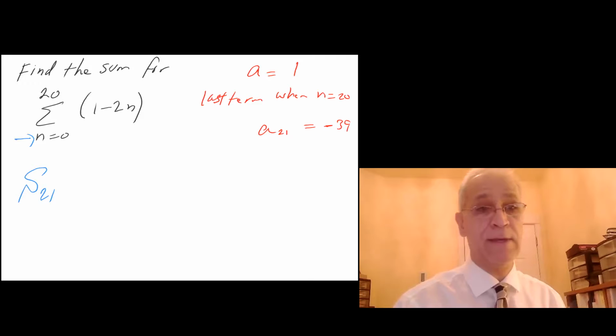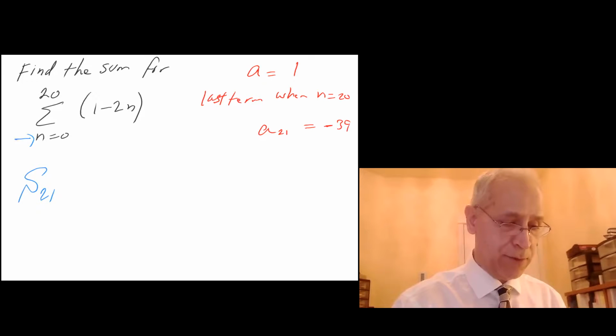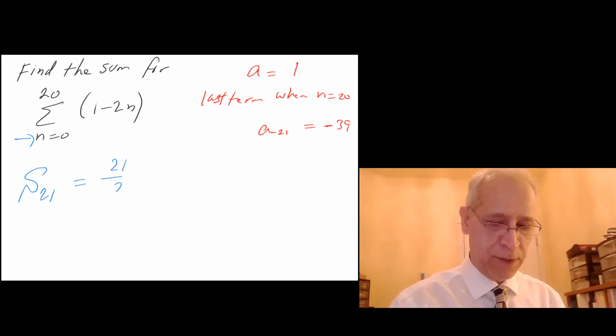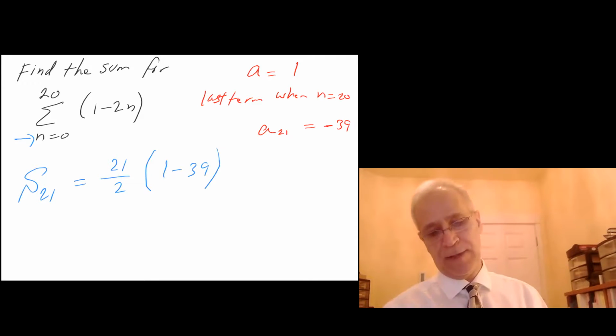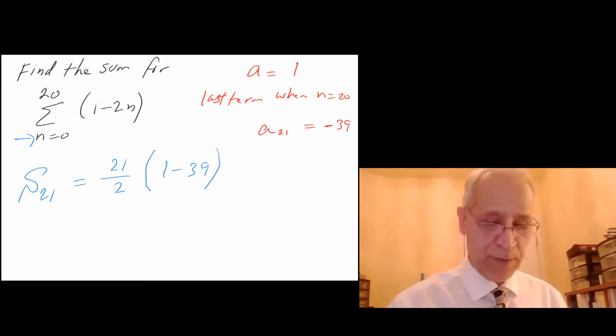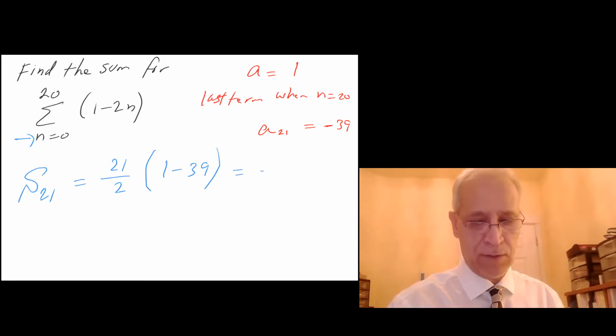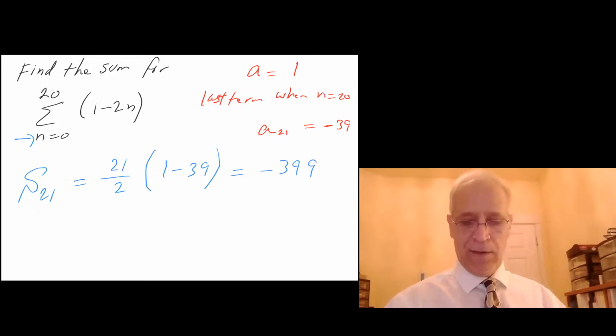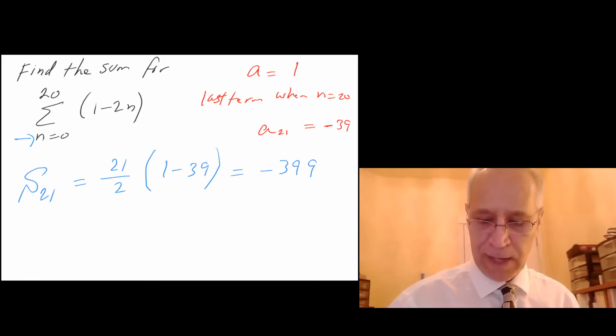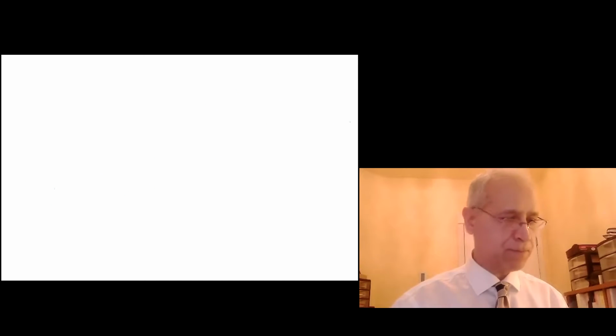S sub 21 equals 21 over 2 times (1 plus the last term, which was negative 39). Put that in your calculator, you get negative 399.